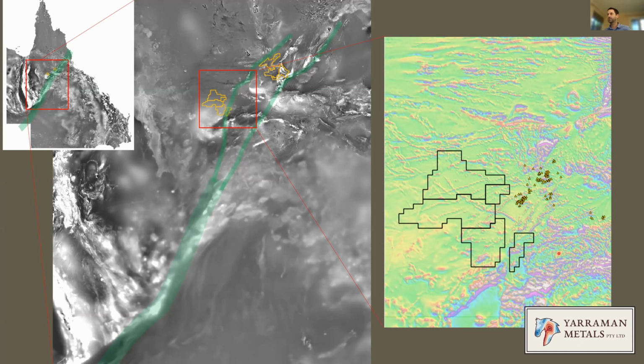This is a first vertical derivative magnetic image, and you can see the offsets on some of these lineaments, which are dolerite dikes coming through here. They change dramatically as you go across some boundary through here, and that's the Woolgar shear zone. All of these yellow diamonds are the Woolgar gold fields, and you might wonder why they're sitting over there, and we've picked up all this ground out here.